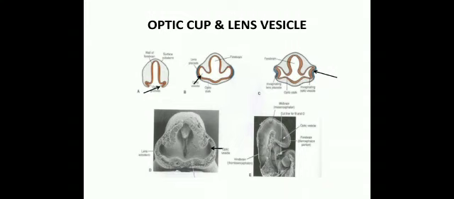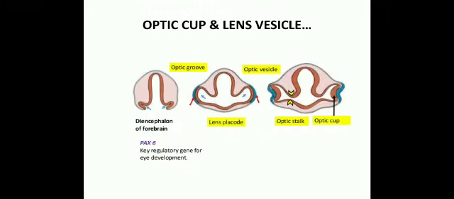So, here we can see the optic vesicle close to the forebrain or the diencephalon. The optic cup is the distal part of the optic vesicle, whereas the optic stalk is the constricted part of the optic vesicle.